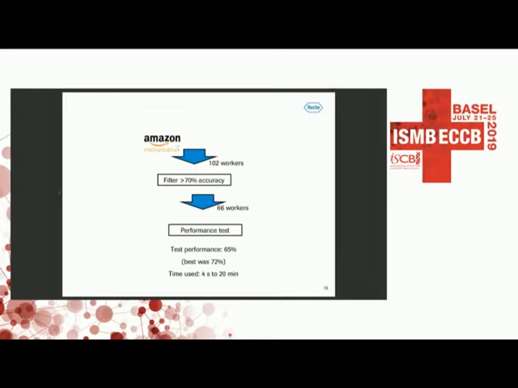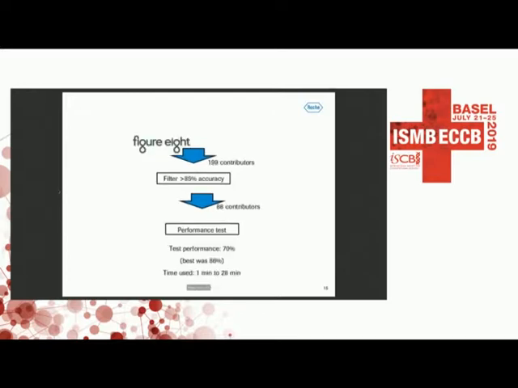And we found out that, first of all, people were making a lot of mistakes, more than we expected, and that the performance was always going down after the curators had passed the preliminary exam. The same happened with Figure 8, which is supposed to be a higher quality service. The results were the same. We found the curators didn't reach a very high level of accuracy, and then it usually went down.